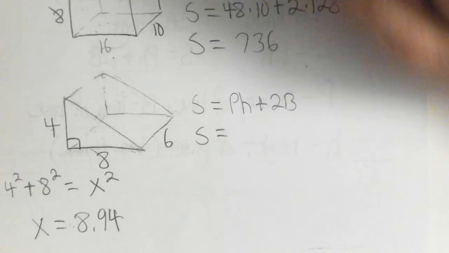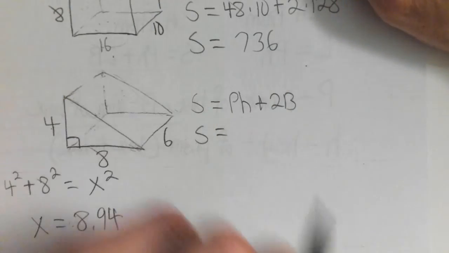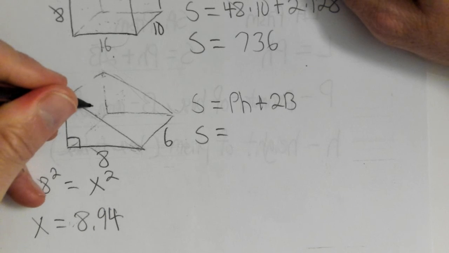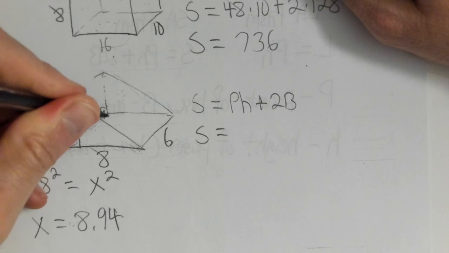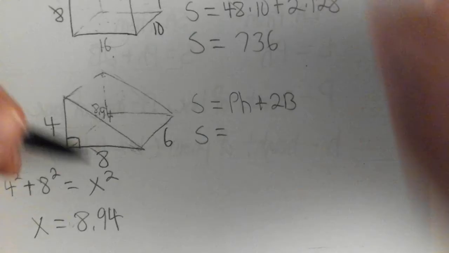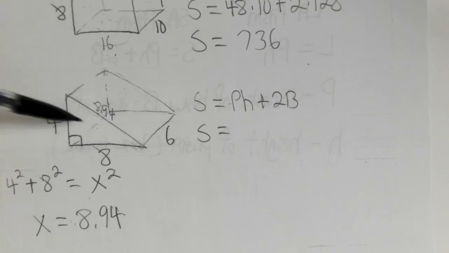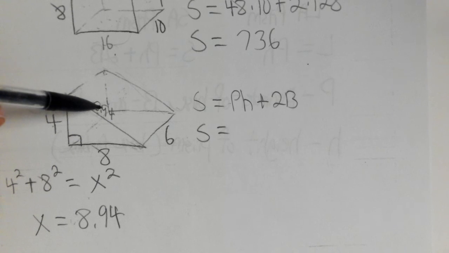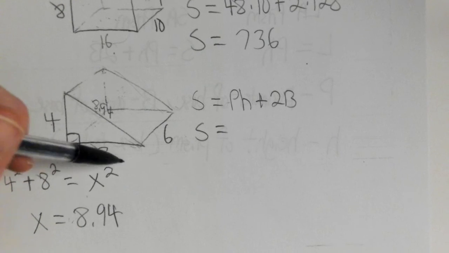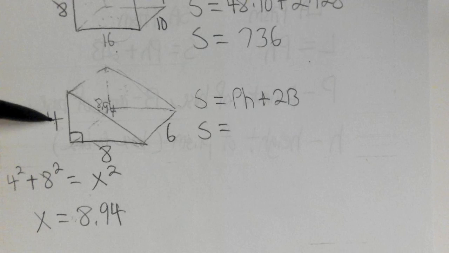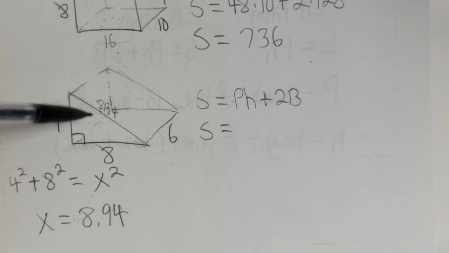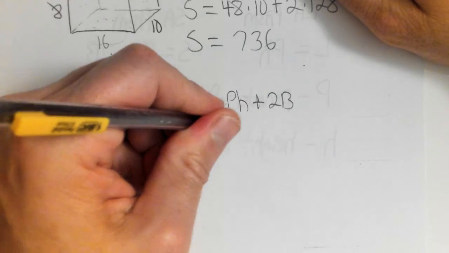Okay, so 8.94, remember, is here now. But remember, 8.94 doesn't go in for P because that's not the perimeter. That's only one side. I had to find this in order to get everything I need for the perimeter. So now the perimeter would be 8 plus 4, which is 12, plus 8.94, which is 20.94.